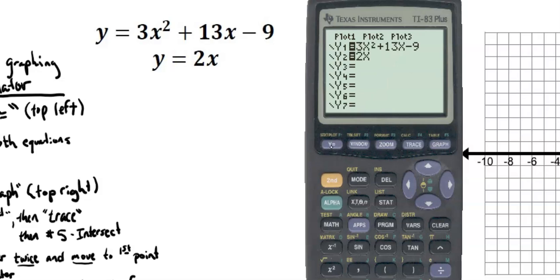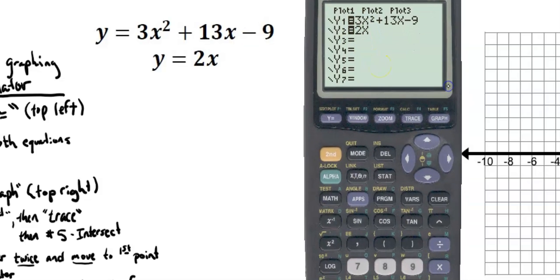And there I've already entered y equals 3x squared plus 13x minus 9. And on the second line I've written y equals 2x. And then to see what they look like, we hit the graph button.